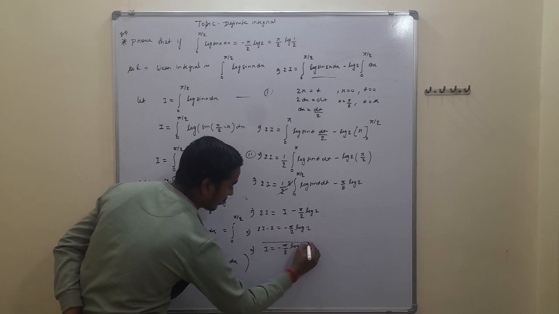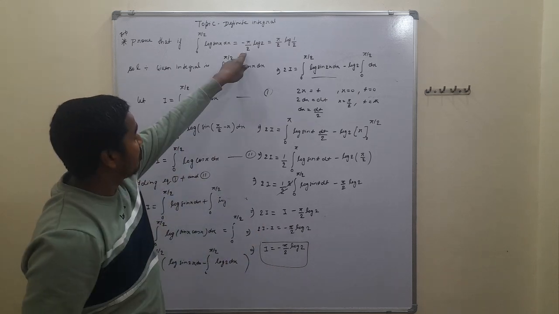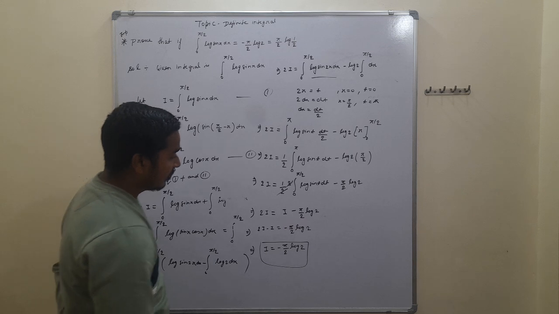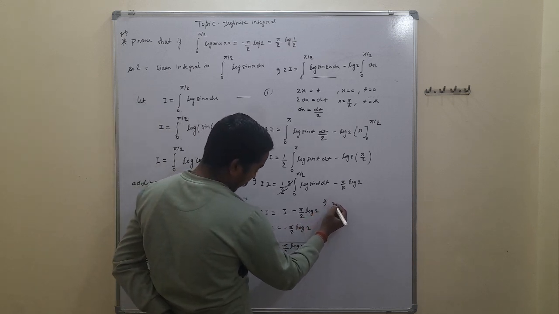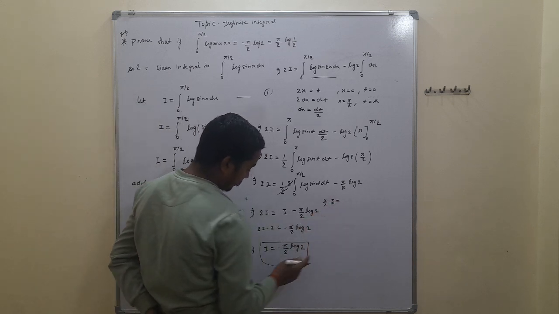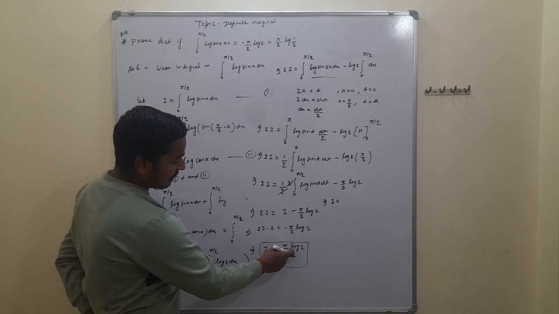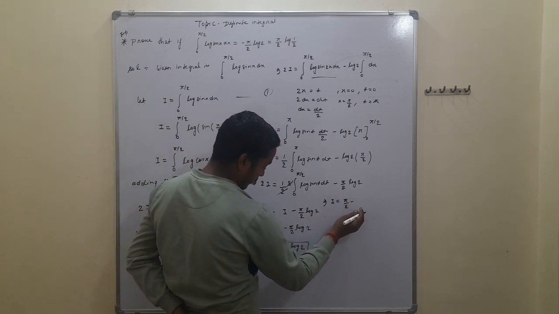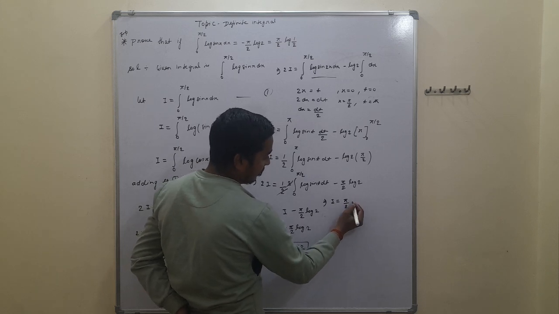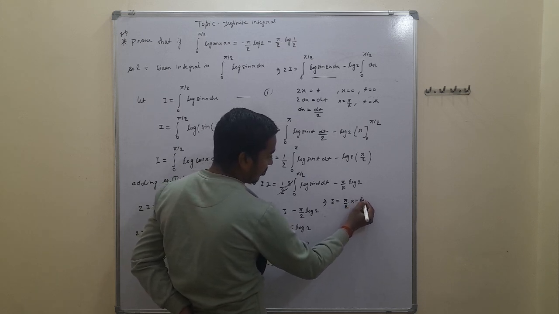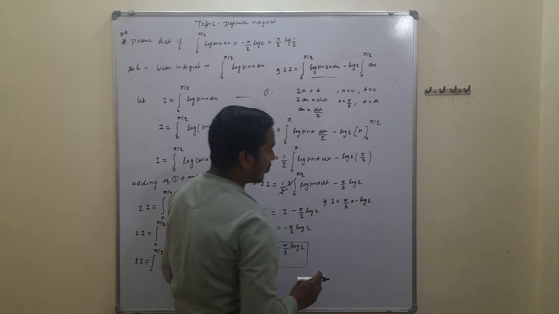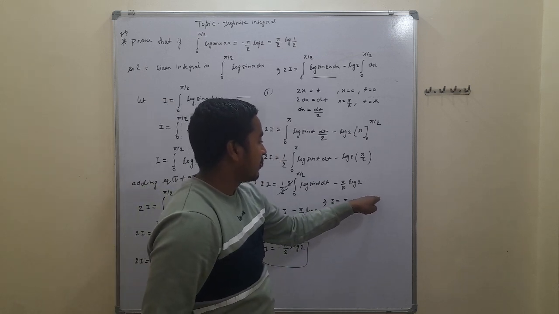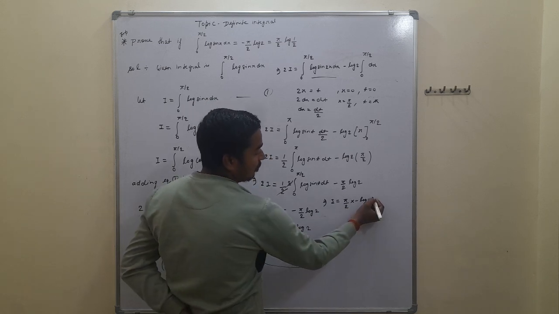We get the first result, minus pi by 2 log 2, and further we have to find the second result. We can also write I is equal to minus pi by 2 multiplied by log 2, and with the property of log, the minus comes as 2 to the power of minus 1.